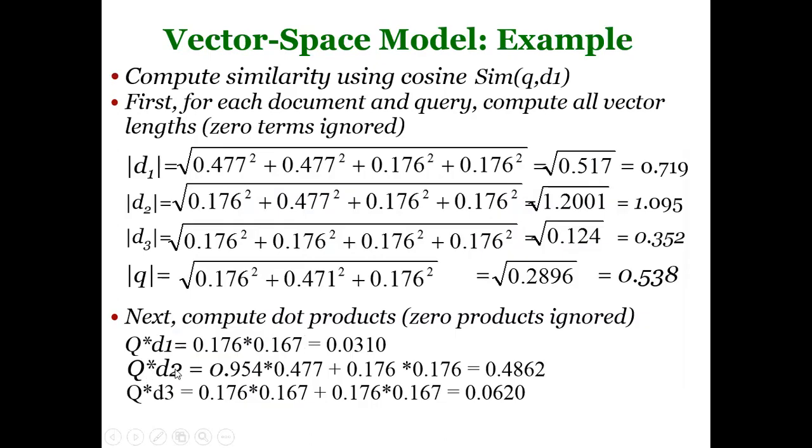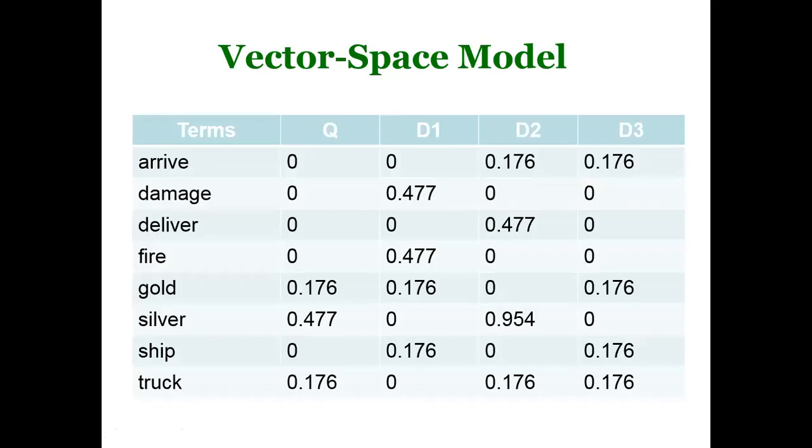What about Q against D2? We have two terms that are available in the query and in the document D2. Silver is available in our query and also in D2. Truck is also available in the query and also in D2.